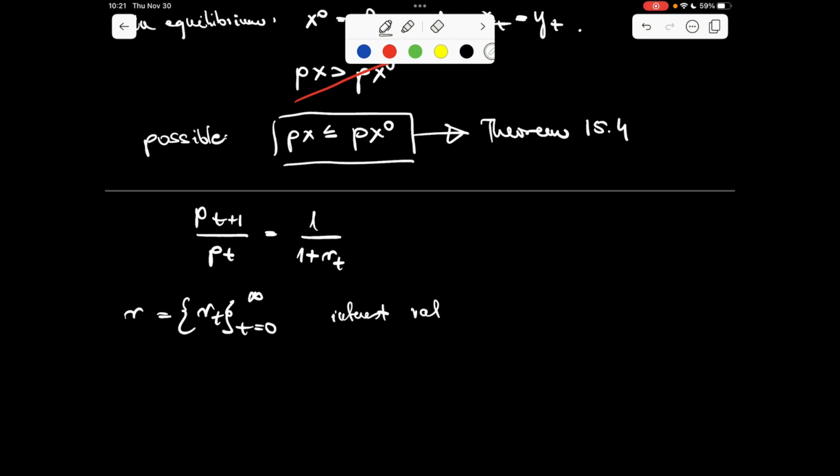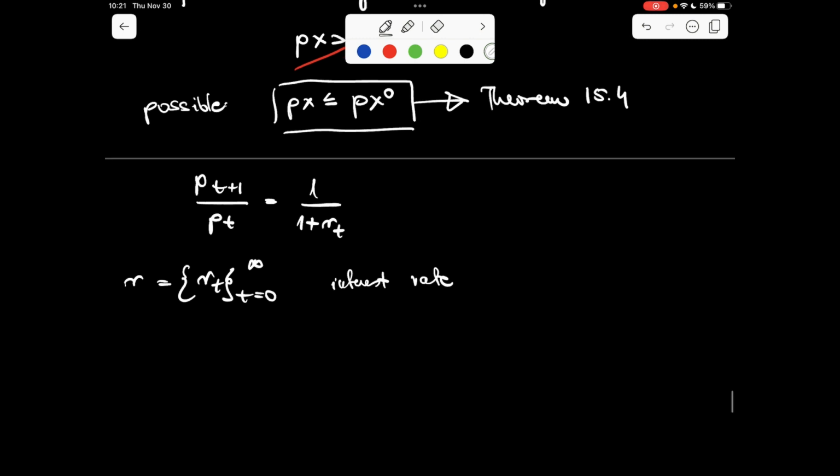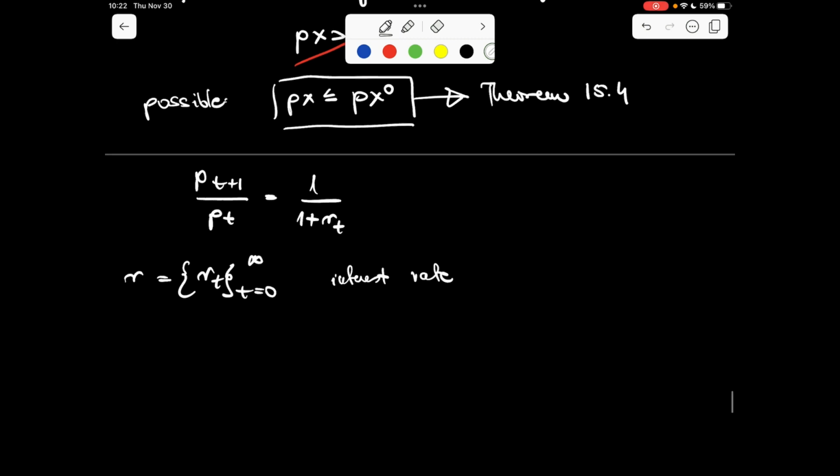This is not a new variable. This is just a variable on the basis of which we can describe the price ratio between any two consecutive periods. In other words, the change in the price level. Okay, so this is the idea suggested by the book.